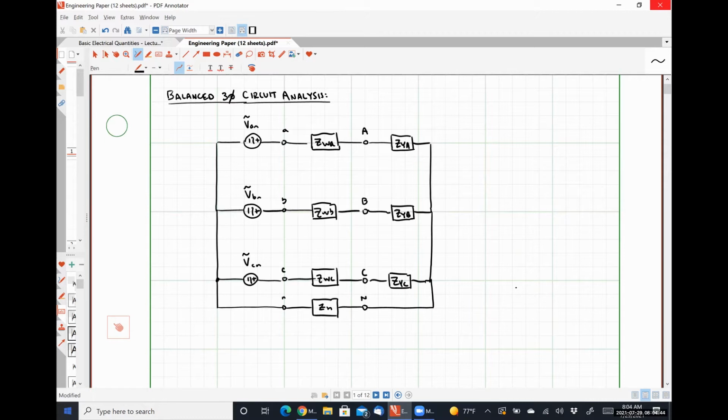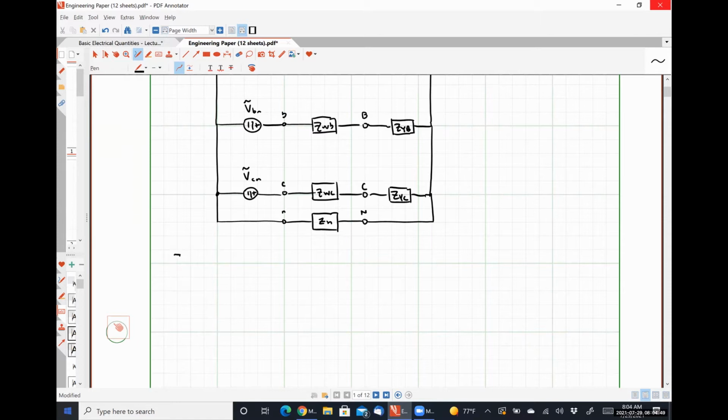This circuit will be considered balanced under the following criteria. Criteria number one, the magnitude of the phase voltages at the source are equal.